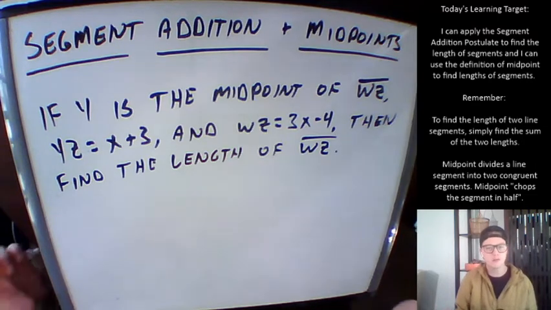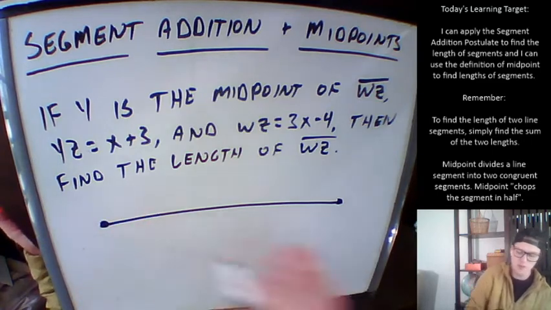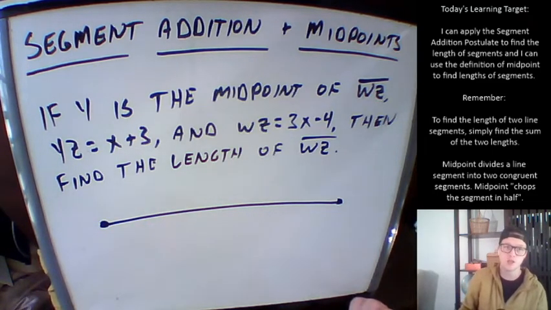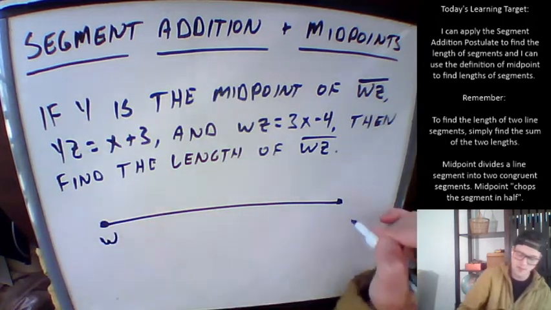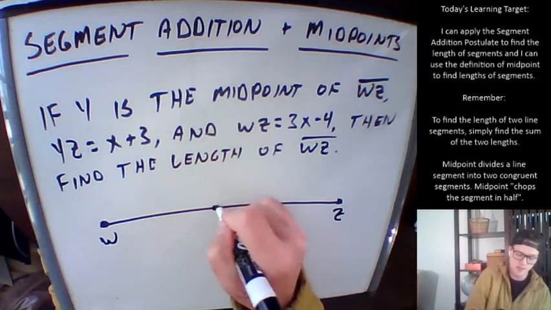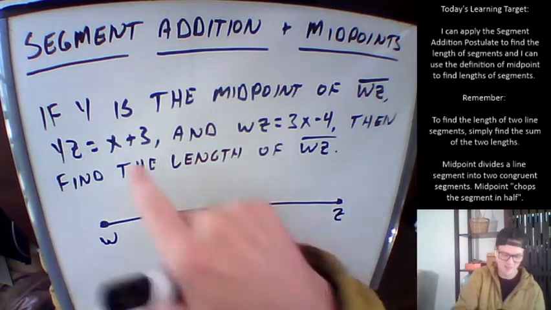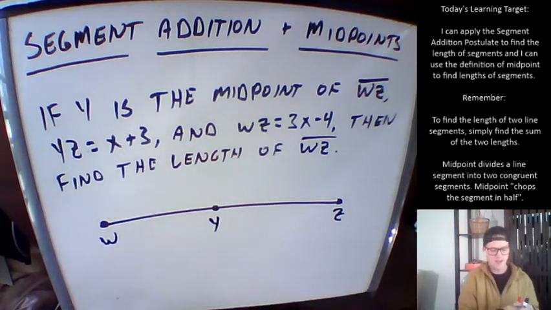So our very first step when we're solving something like this is draw a picture. Always, particularly in geometry, draw pictures. It's going to make your life so much easier. We know that Y is the midpoint of WZ, so we have some segment with W at one end, Z at the other end, and Y is right in the middle, even though it doesn't look like it. It's in the middle because it's given, so let's roll with that. We know that YZ has a length of x plus 3.